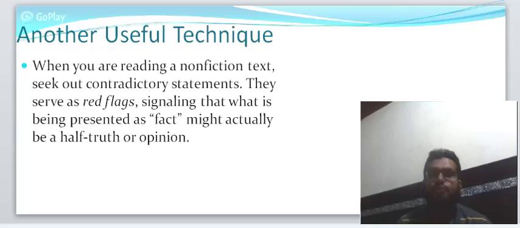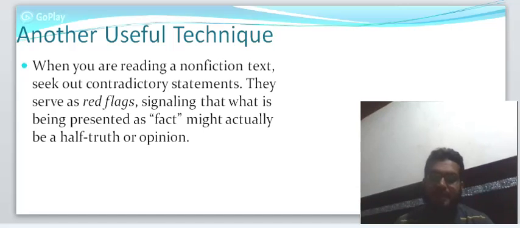So you have to read carefully and identify any contradictory statements, and then you can argue that what the writer actually declares as fact is just a half truth. He is just showing you one side of the picture. So if you can somehow notice this in the piece of writing that you are studying, you would not be deceived.